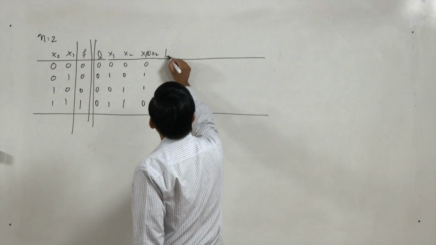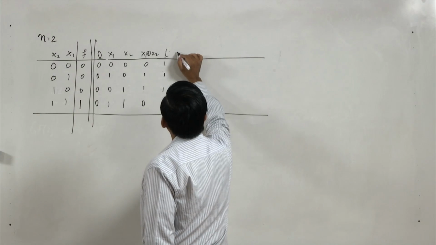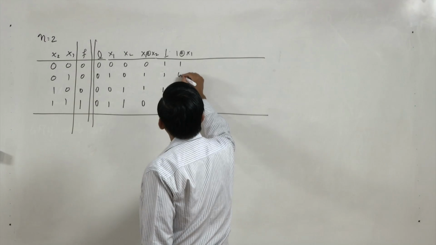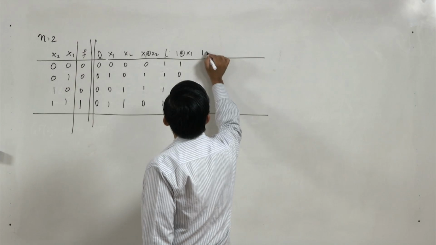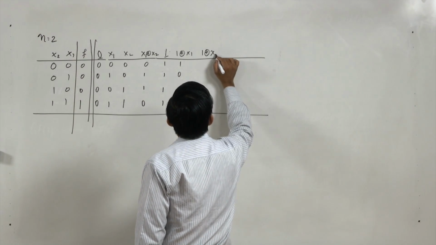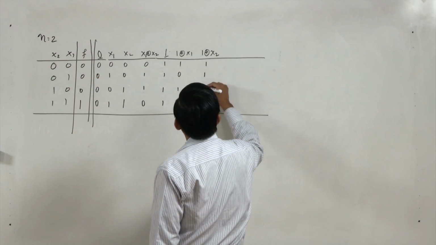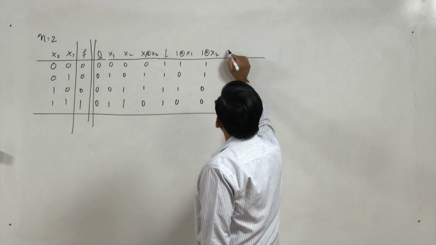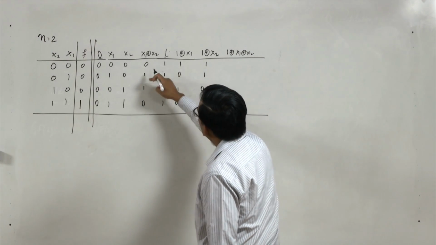So, I have got 1, that is all 1, then this is 1 XOR x1. So, it is the complement of this. So, 1 0 1 0, and then I have 1 XOR x2. So, this is 1 1 0 0, and this is 1 XOR x1 XOR x2, this is 1 0 0 1.